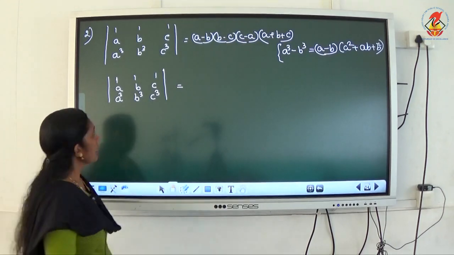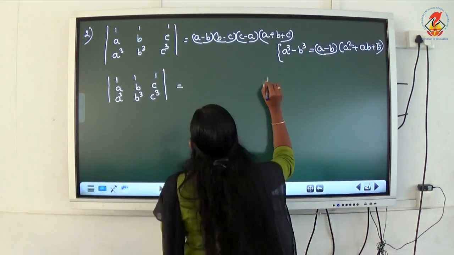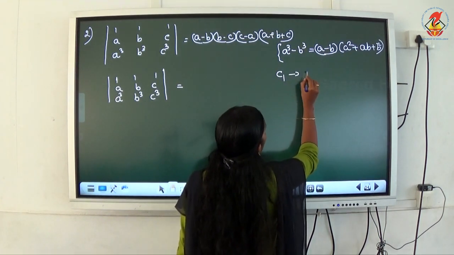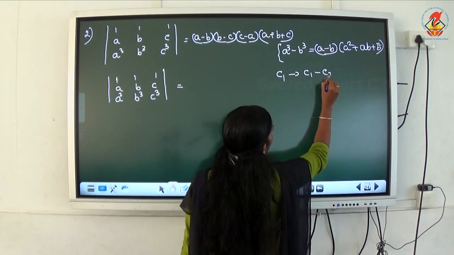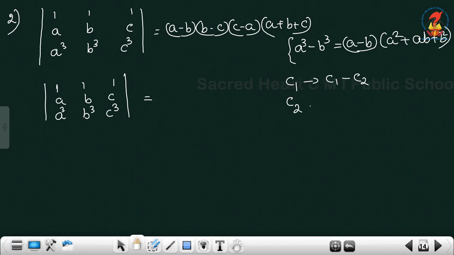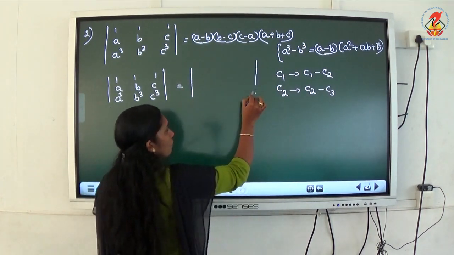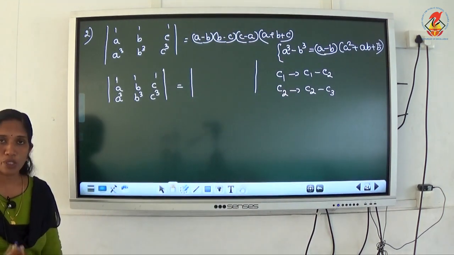So first we are doing that. C1 implies C1 minus C2, and together we can do C2 implies C2 minus C3. When we do these operations, only for 2 columns or 2 rows you can do.